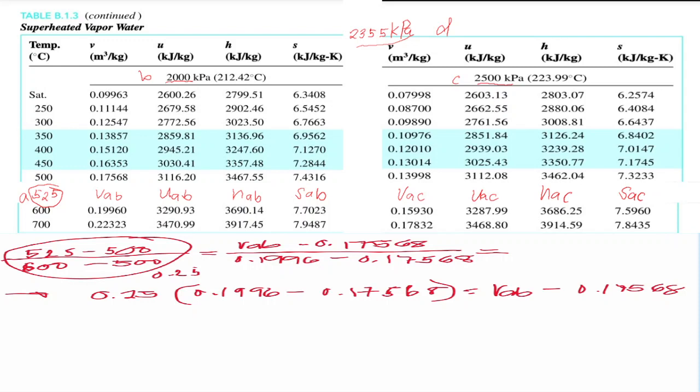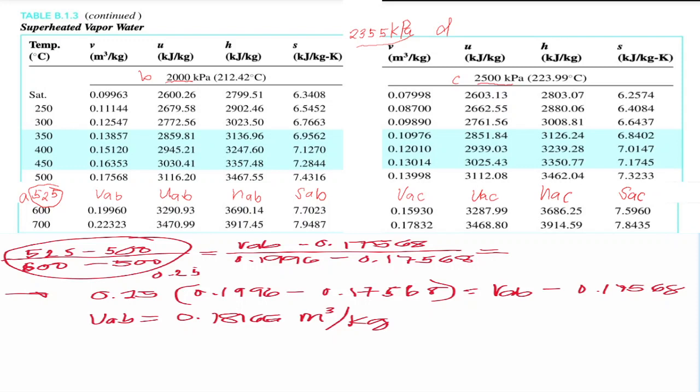So your VAB becomes 0.18166. So that is your specific volume in meter cube per kilogram.